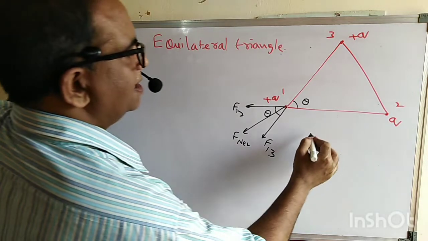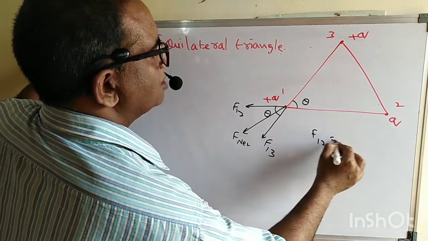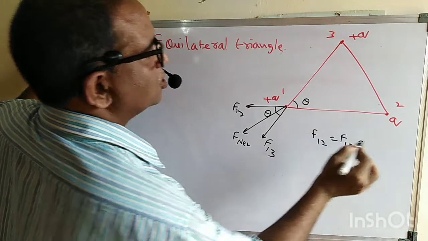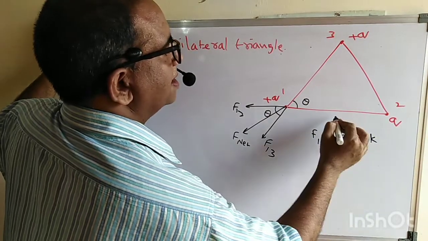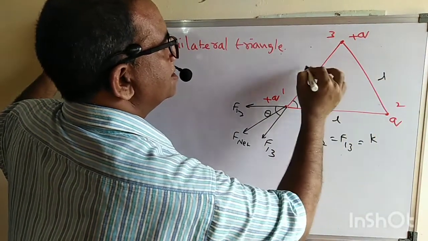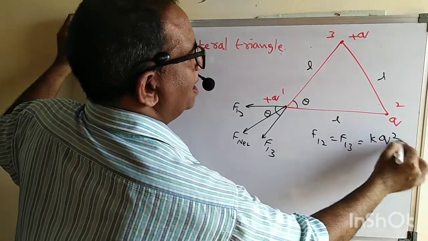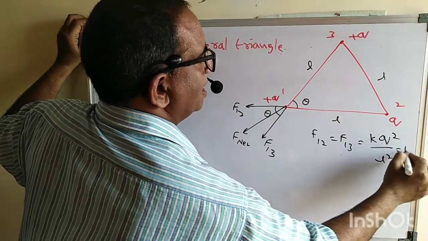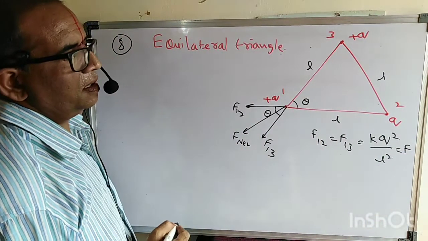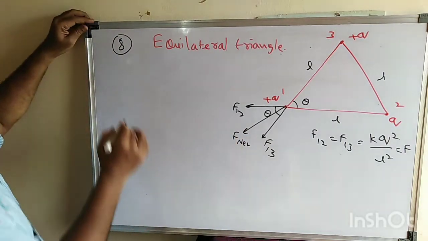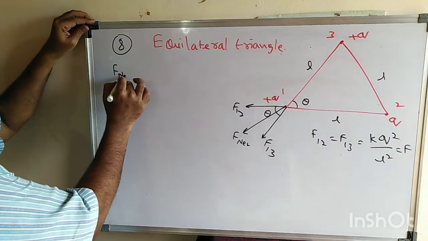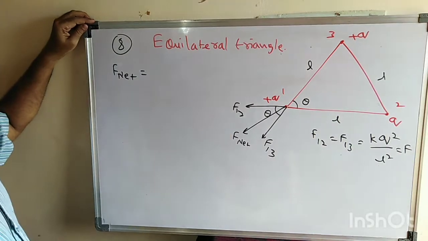Anyhow, F12 is equal to F13, equal to how much here? K, and let the side be L, so KQ square by L square. Again you call it F. Now tell me, what is the F net here? See carefully. The angle between them is theta.